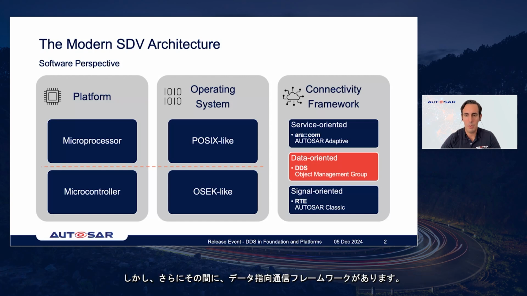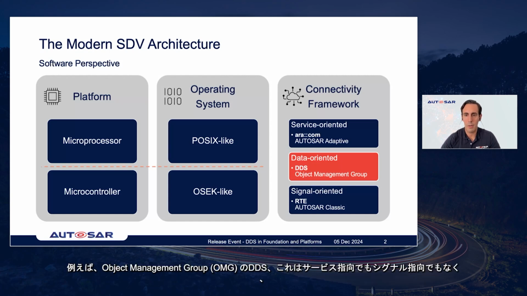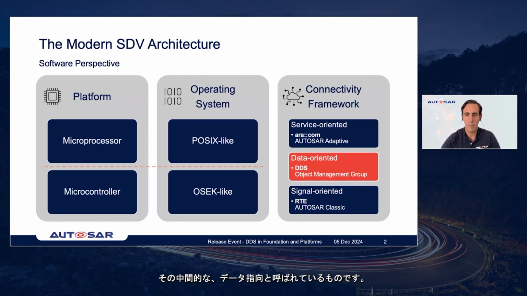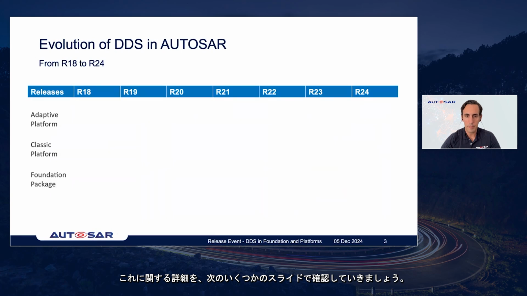But we have something in between all of that, which is a data-oriented communication framework, like for instance DDS from the Object Management Group, which is neither service nor signal-oriented, but something else in the middle, which we call data-oriented. And we will see more details about this in the next few slides.